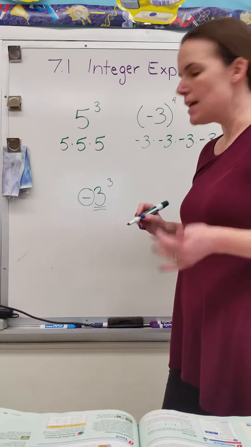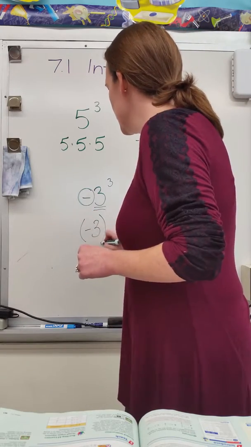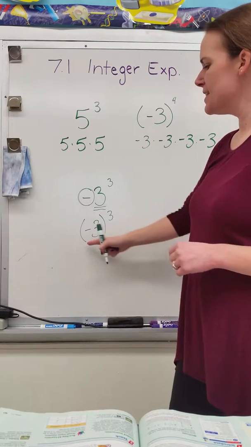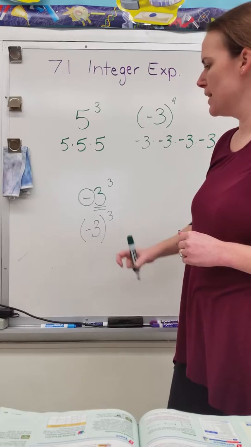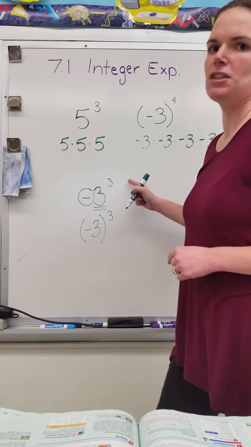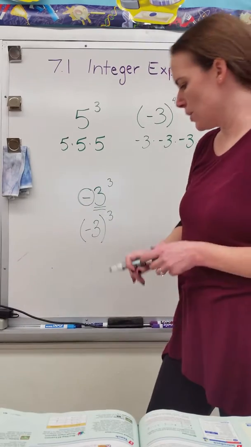That's not the same thing as if you had a -3 to the third power, because this is saying the base itself is this whole number, -3. This is saying the opposite of 3 to the third. So just watch out for whether your base is in parentheses or not.